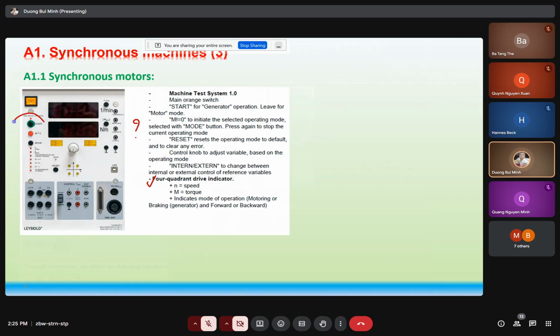So we have two operation modes: the first one is motor operation mode, and the second is generation mode.